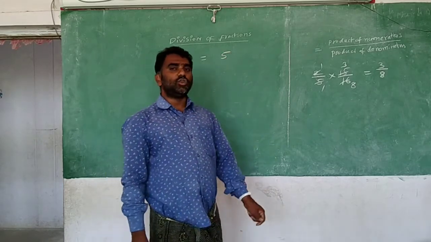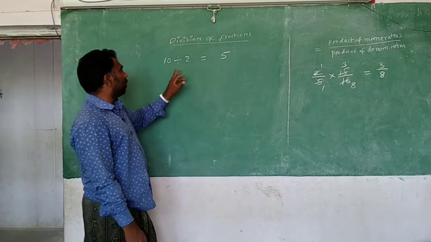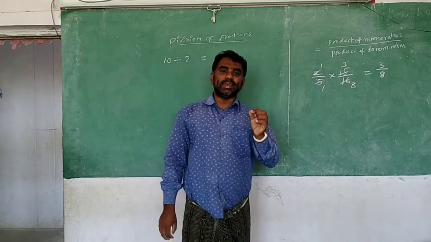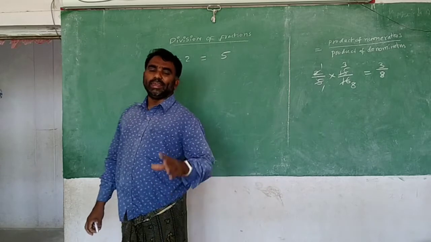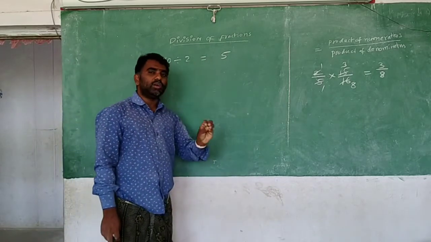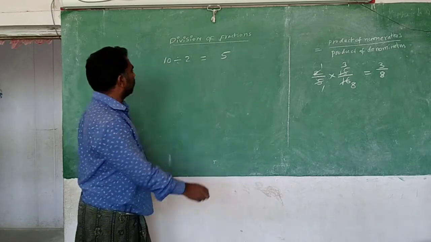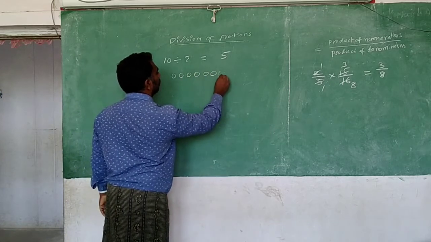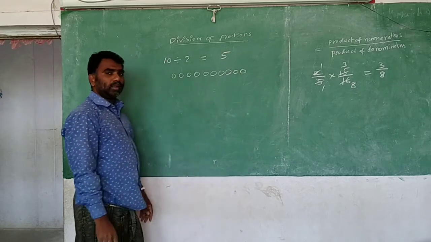I will show that answer in a picture. Try to understand what 10 divided by 2 means: in 10, how many 2's are there?